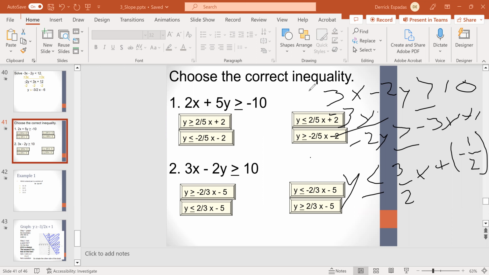It does not seem right. I don't like any of those choices. Minus 2y. Yeah, we have to divide by -2. So none of those answers.